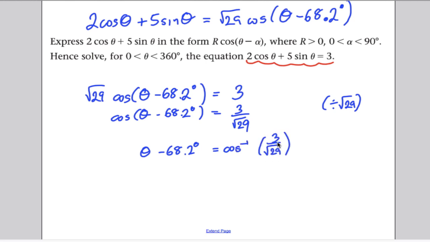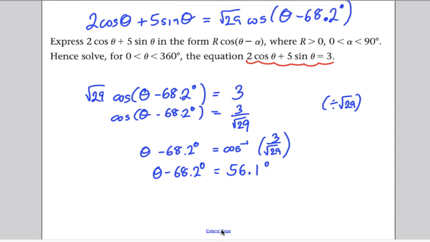So type in your calculator, with your calculator in degrees mode, inverse cos of 3 over the square root of 29. And you get the answer 56.14. So you get that theta minus 68.2 degrees is equal to 56.15 degrees, or 56.1 degrees, let's say.